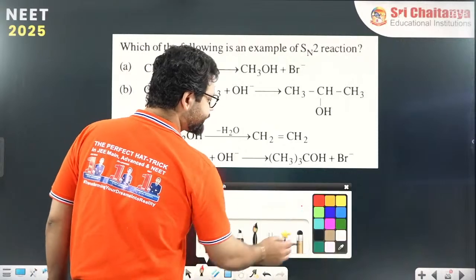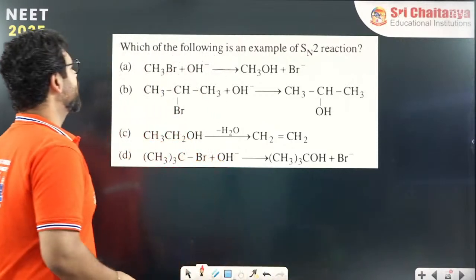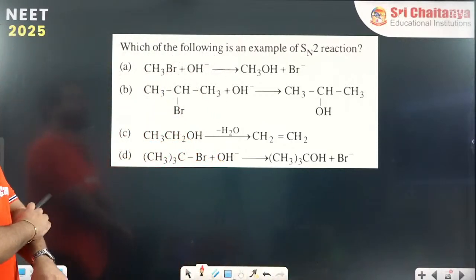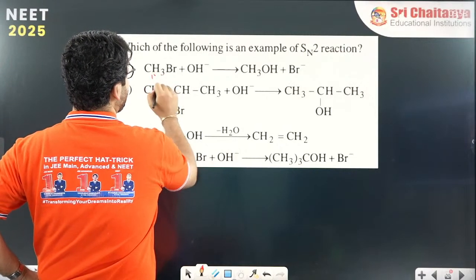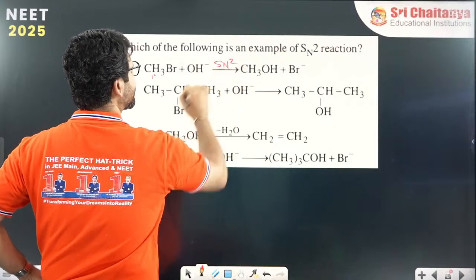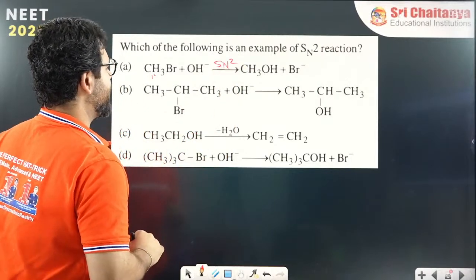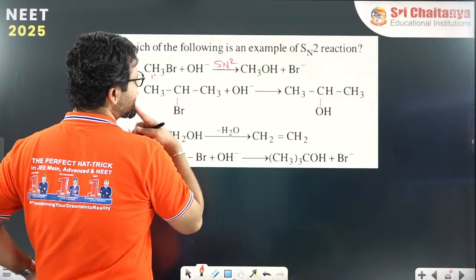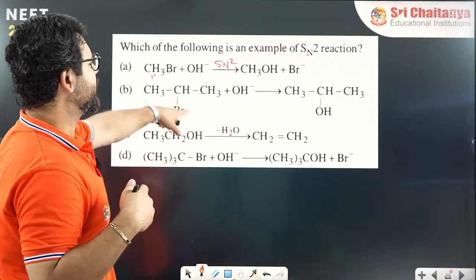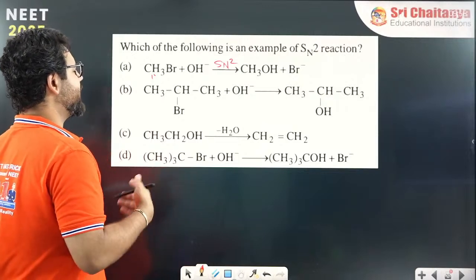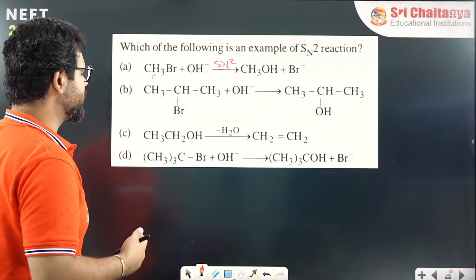Next one. Which of the following is an example of SN2 reaction? It is a primary alkyl halide. This must be SN2 reaction. In the next one, it may be SN1 or SN2. We cannot say with 100% surety because secondary alkyl halides can undergo SN1, SN2 both.